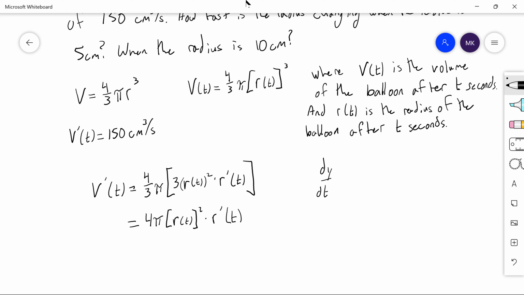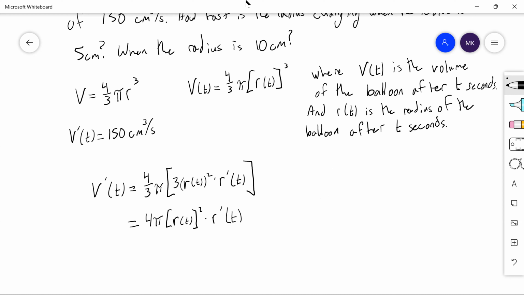V prime of t is dV dt, and r prime of t is dr dt. Oh, so, okay, just a different notation thing. Right. We're just using the apostrophe notation for derivatives instead of Leibniz notation, to make this a little simpler. But it works the same way, right?